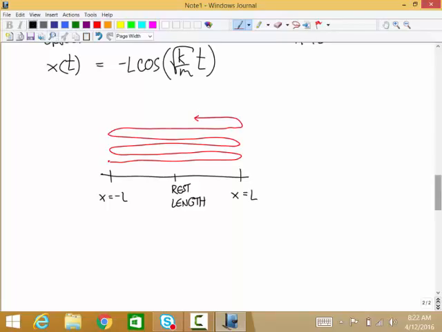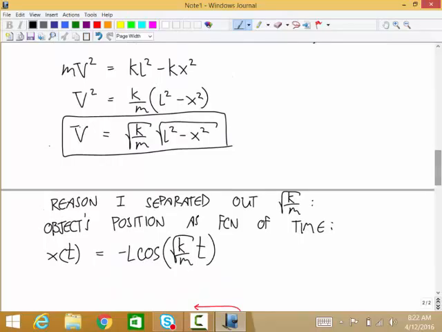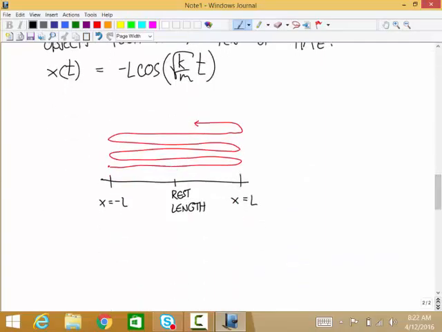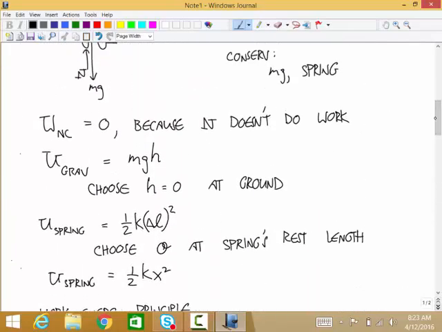If you look at that function, the biggest values for v are going to be when x is equal to 0, which means that it's going the fastest, whether it's going to the left or the right. It's going the fastest when it crosses through that resting length location. So that was one of the questions.